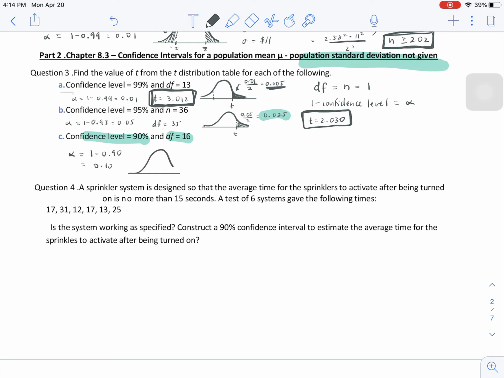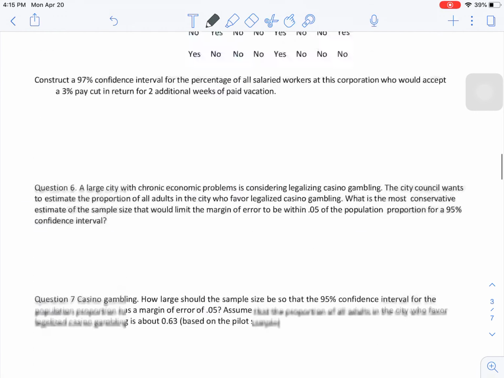My degrees of freedom are 16. So if the area in both the tails is 10%, the area to the right in just one tail is 0.1 divided by 2, which is 0.05. So I know that the area to the right is 0.05 and my degrees of freedom is 16.